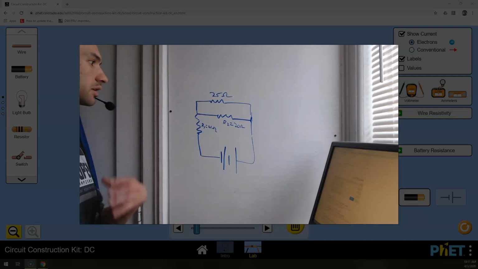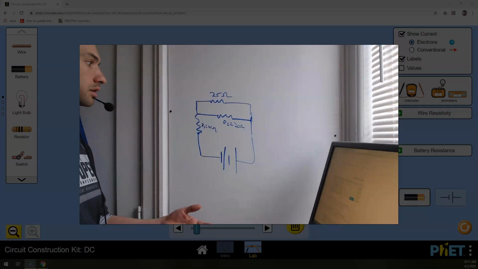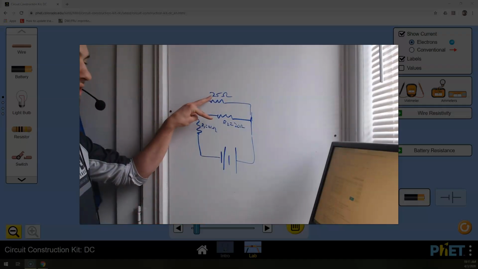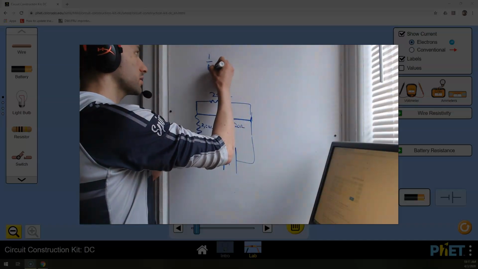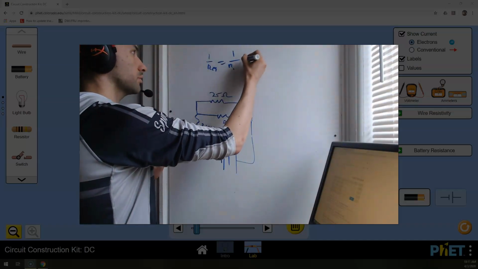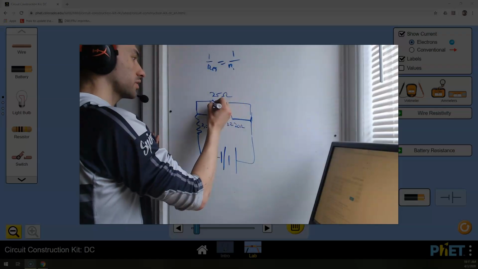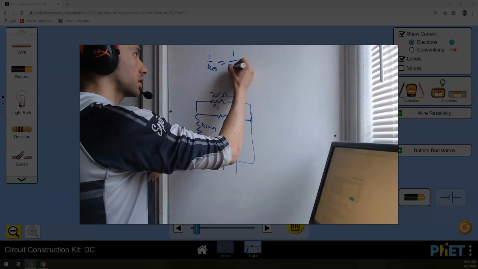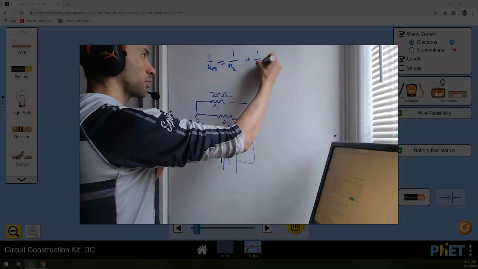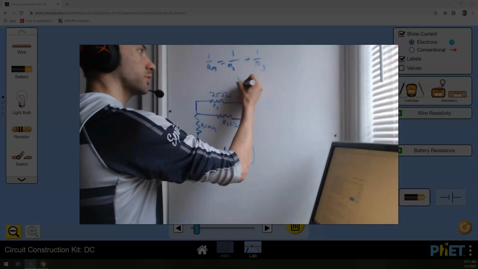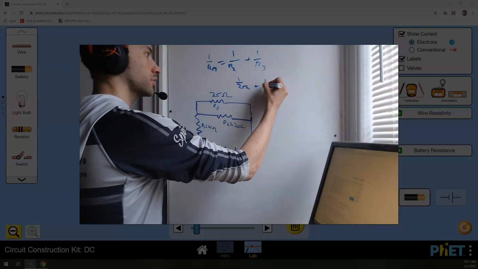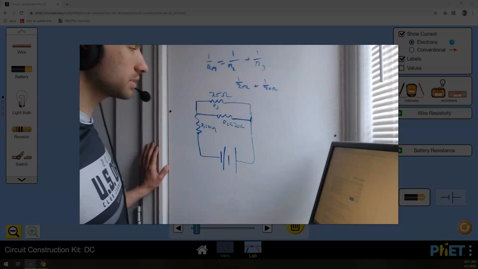Okay. Next, I'm going to take care of these parallel ones. All right, so I have these two parallel ones. 1 over Req will be 1 over R1. Sorry, we'll call this R3 now for our new circuit. 1 over R2 plus 1 over R3, because I called that R1. I just don't want to mix things up. So 1 over 25 ohms plus 1 over 20 ohms. Oh man, I've got to find a common denominator.